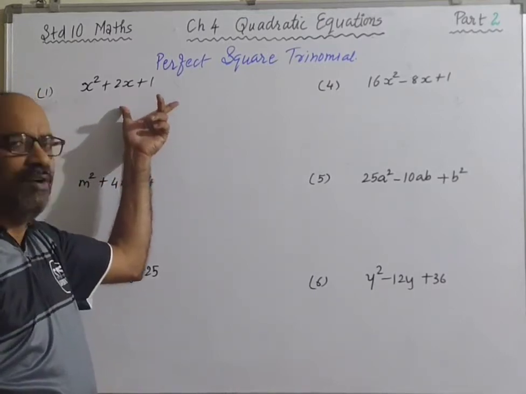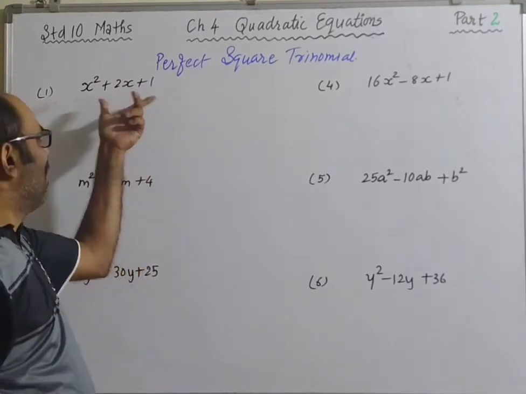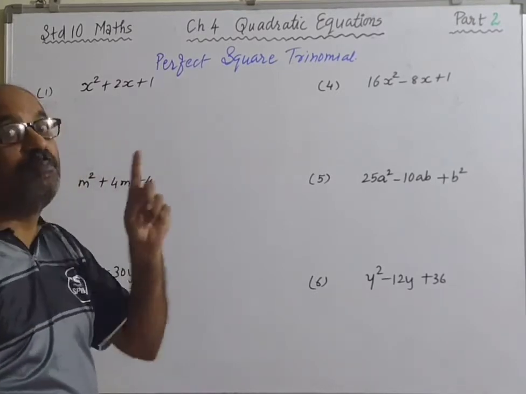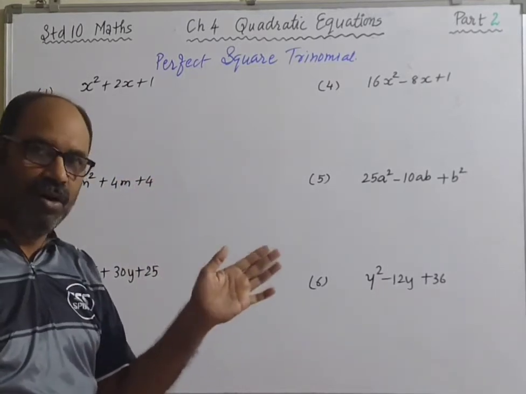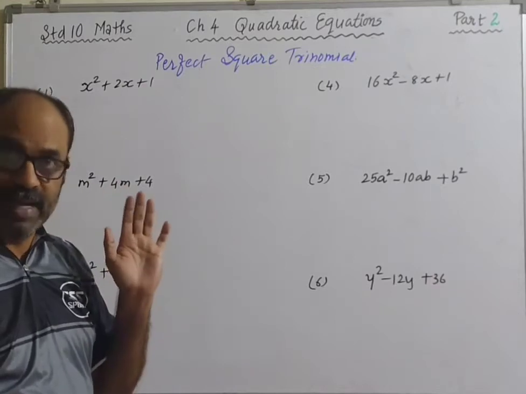Choose any value of x, but the value of this polynomial should be positive. It should not be negative. It can be 0, it can be positive, but not negative.